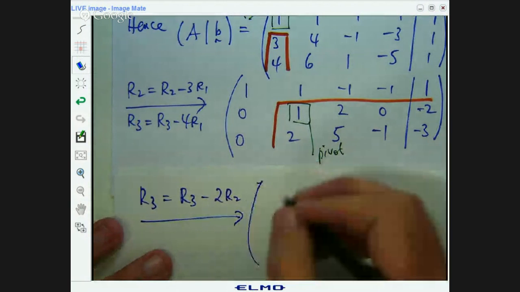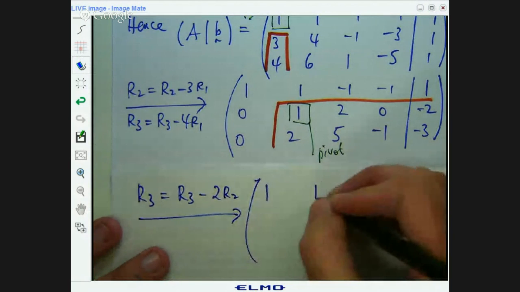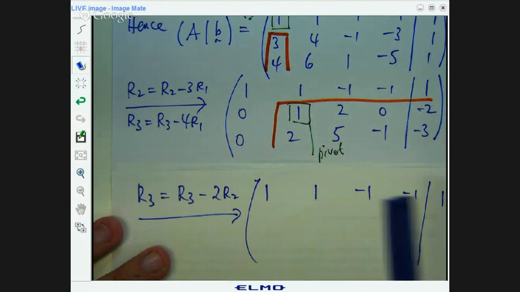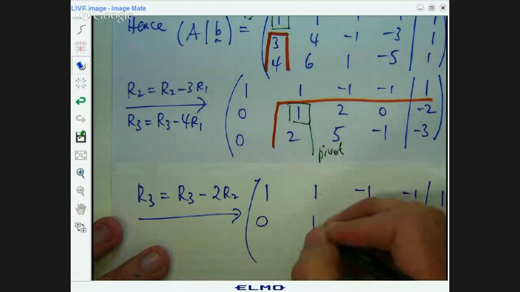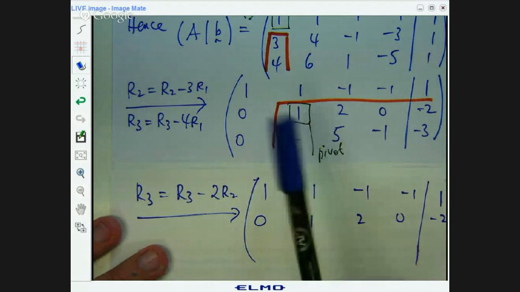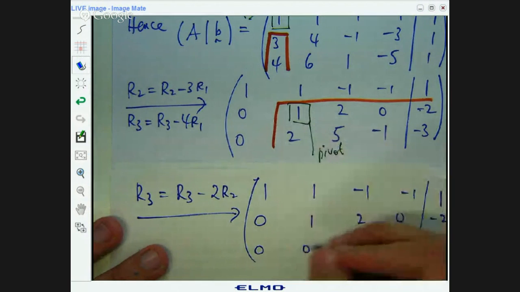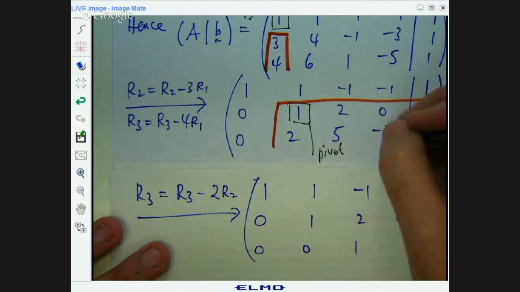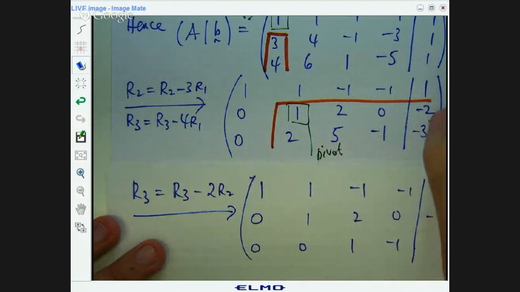So what's going to happen then? Well, the top row is not going to change. And row 2 is not going to change. Row 3 will become 0. 5 minus 2 times 2, 5 minus 4, that's 1. Negative 1, well, that's going to be 0.